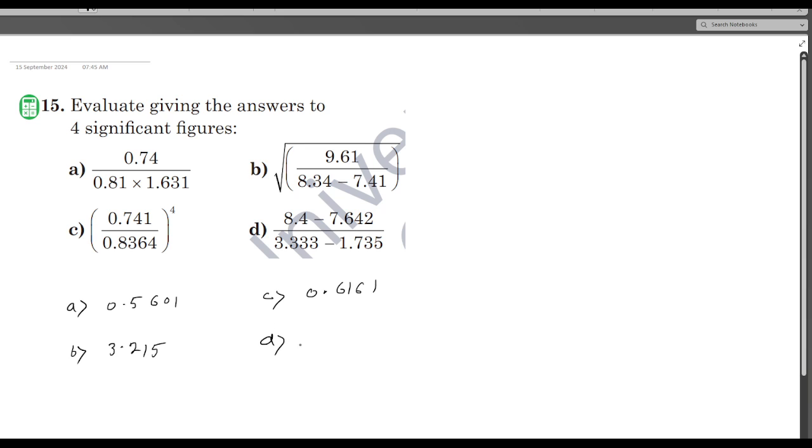And last D is 8.4 minus 7.642 whole divided by 3.333 minus 1.735. Again, the denominator I will keep in a bracket. So the result is 0.4743.